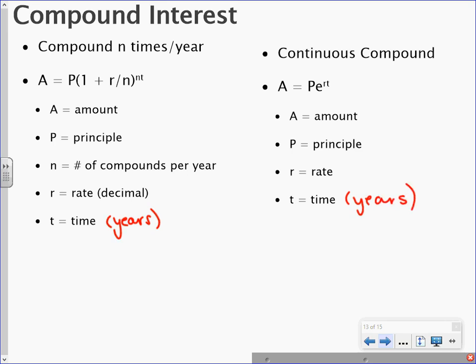I want to be specific that what we do in here, we're going to use time as a number of years. So notice how these two formulas have the same variables, except there is an n in the first formula where there is not in PERT.